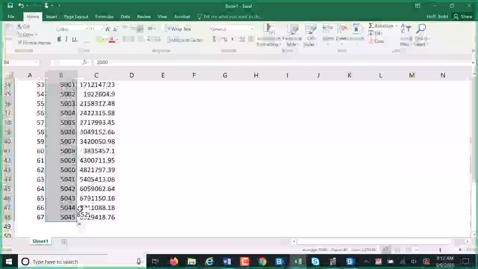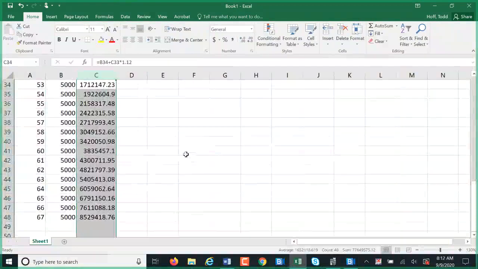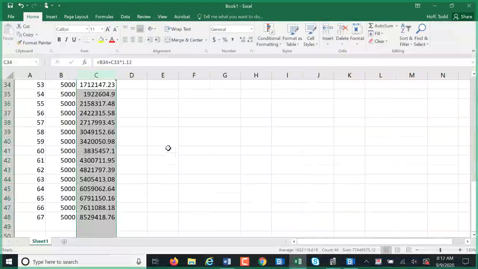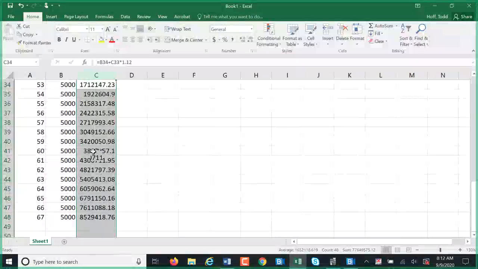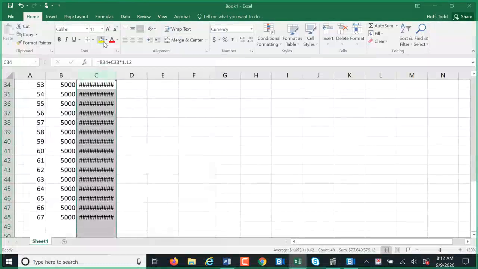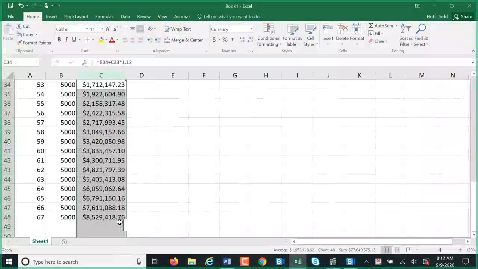There we go. That balance there, it'll be a little bit easier to see once we get the formatting to come up here. Or maybe formatting won't come up. There it is. Somewhere around $8 million if you invested at 12%.